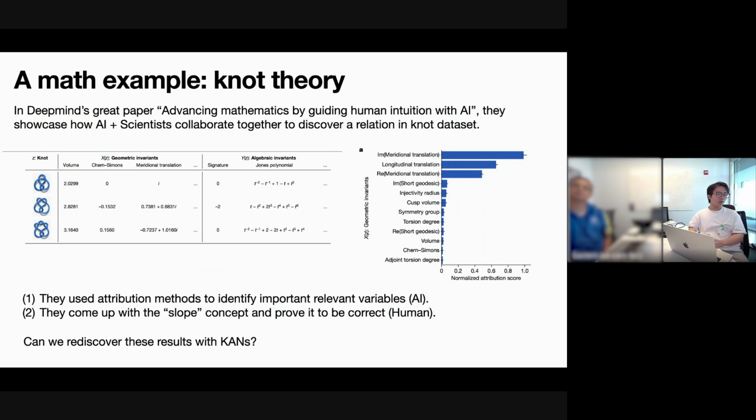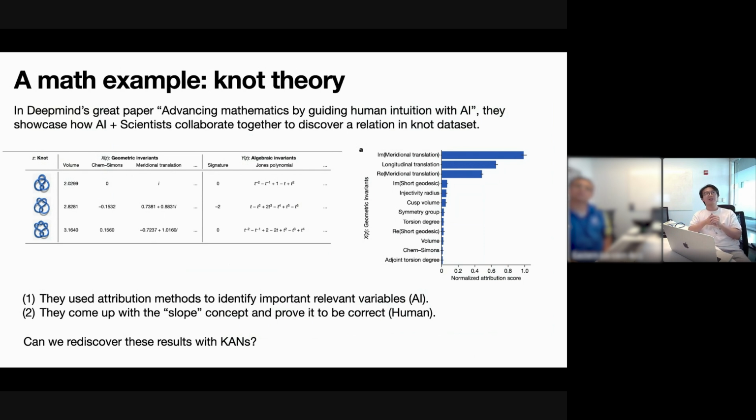Knot theory aside, which I don't fully understand, the question is formulated as such. Each knot has 18 topological invariants, which are basically numbers, and we want to figure out the relations between these invariants, these variables.